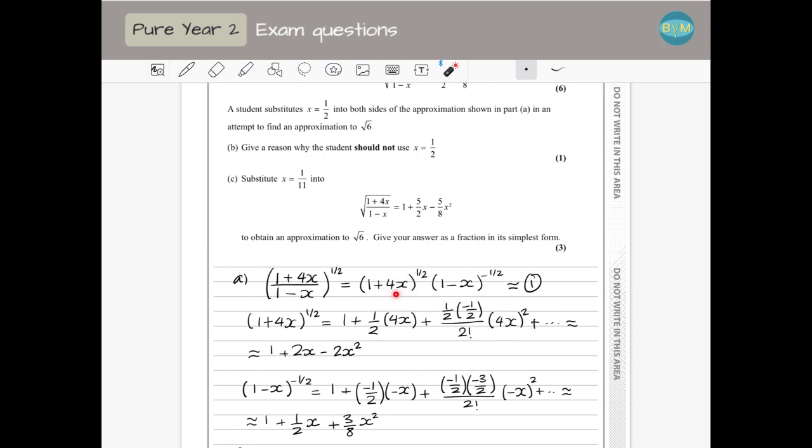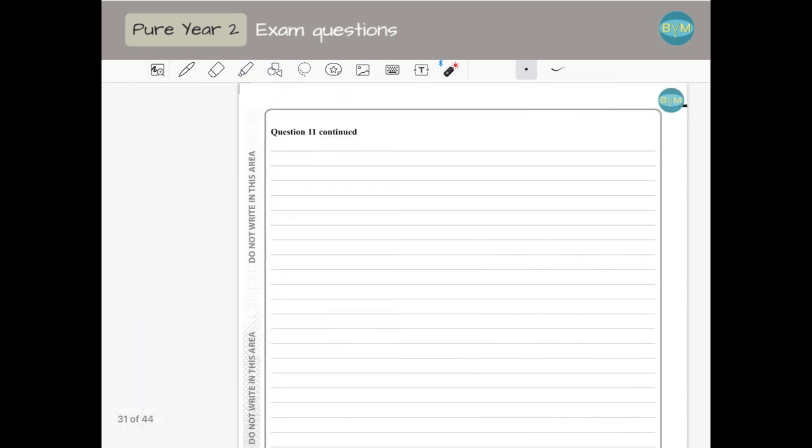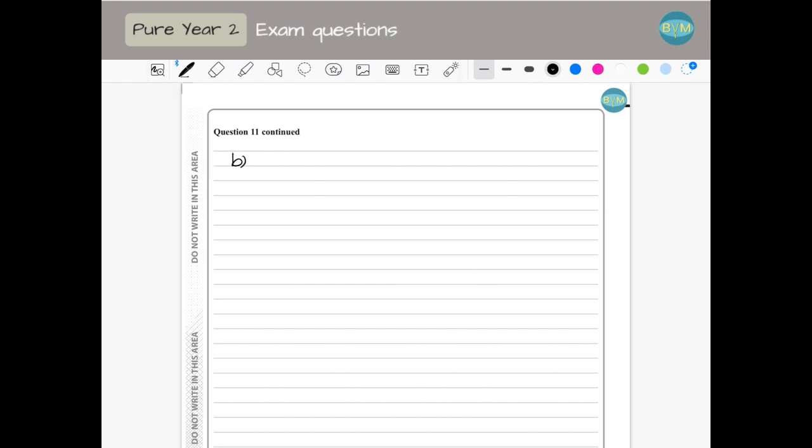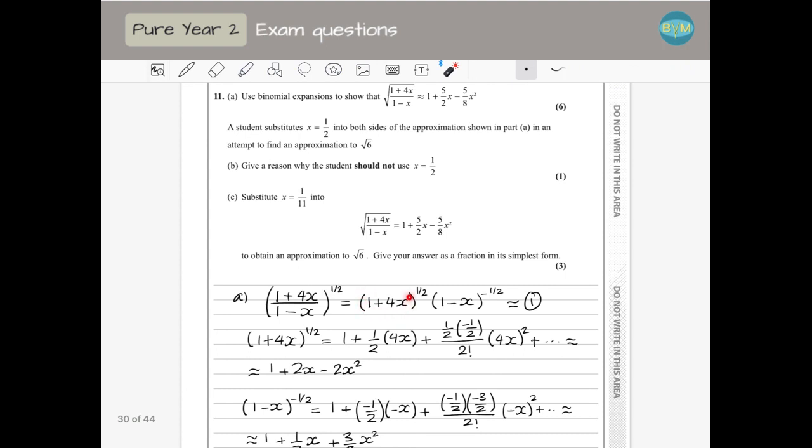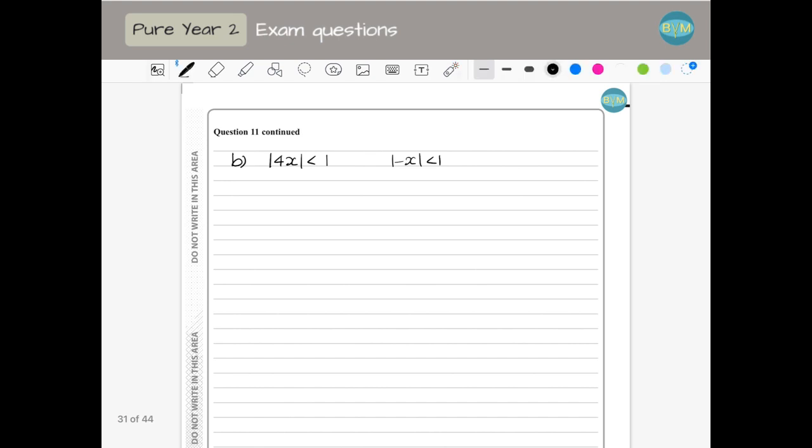So it is when the absolute value of this is smaller than 1 and the absolute value of this is smaller than 1. So my approximation is valid when the absolute value of x is smaller than 1 and the absolute value of minus 4x is smaller than 1. Yeah, so it has to satisfy, I'm expanding this one, so this one is smaller than 1, I'm expanding this one, so this absolute value is smaller than 1.